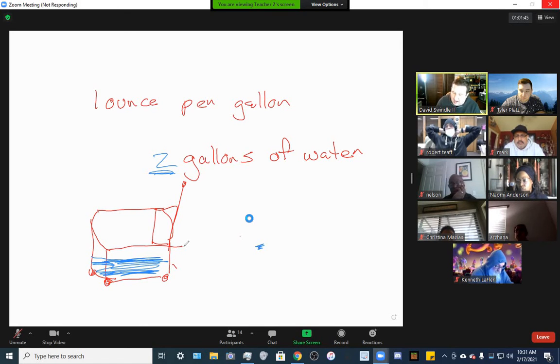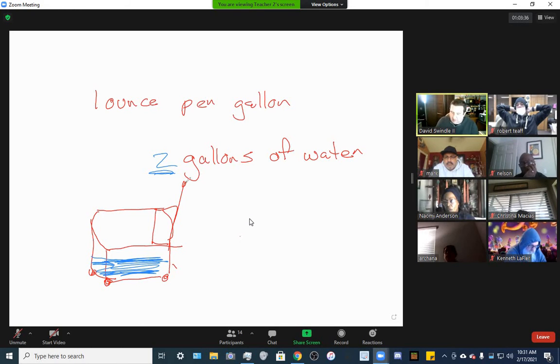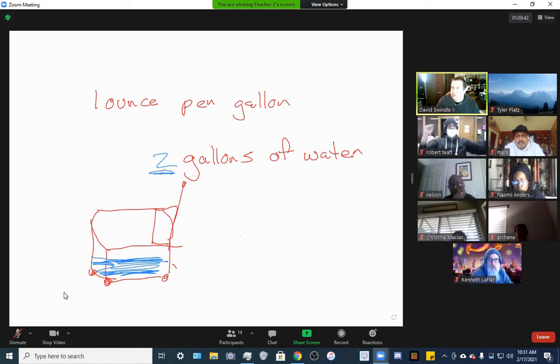And that's why I asked you guys, let's use either raise your hand or the thumbs up. So again, with the thumbs up, are we understanding this concept of ounces per gallon of water? Everybody get that concept? Show me a thumbs up in your pictures.